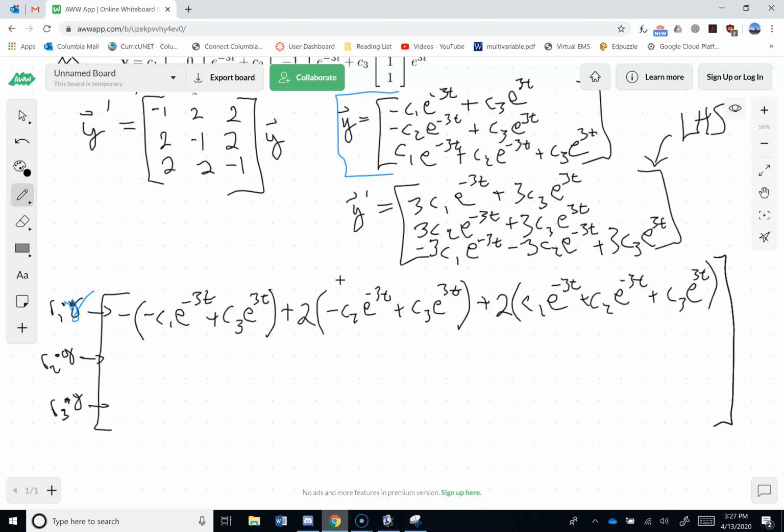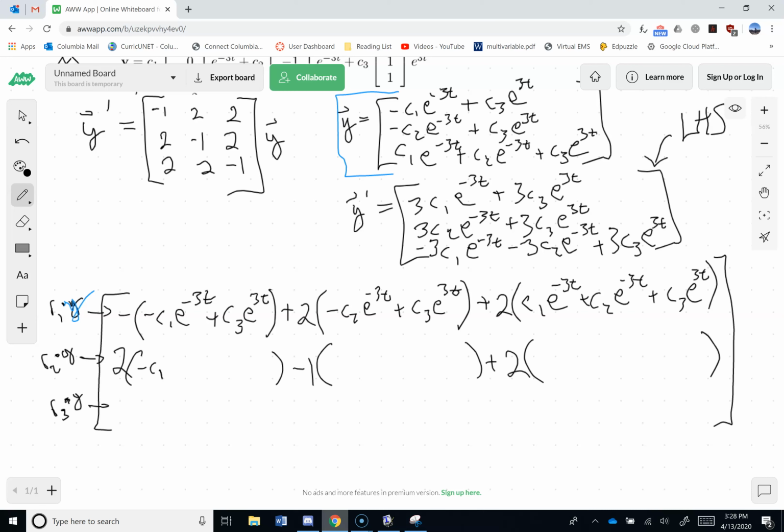So where do I get my second row from? Take the second row, so that's 2, minus 1, plus 2. And then I just need to write these same things in there, because I'm multiplying by the same factors.